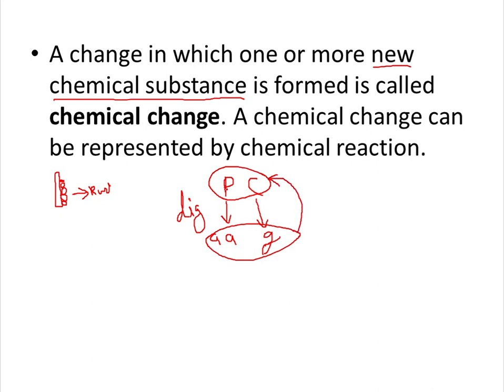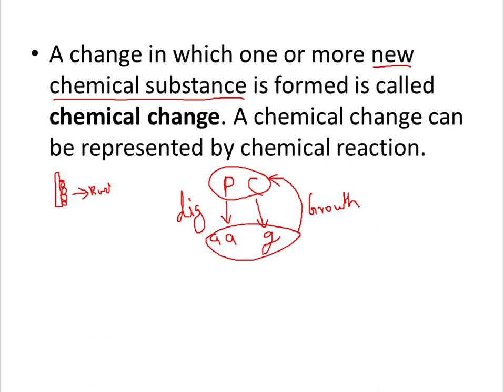Now these are plant proteins that we convert into amino acids, and these amino acids are used to make animal proteins, and these glucose are used to make animal carbohydrates, right? This is growth. This occurs in both plants and animals. So this is actually growth of plant and animal.